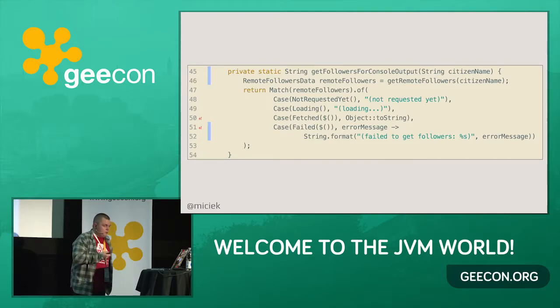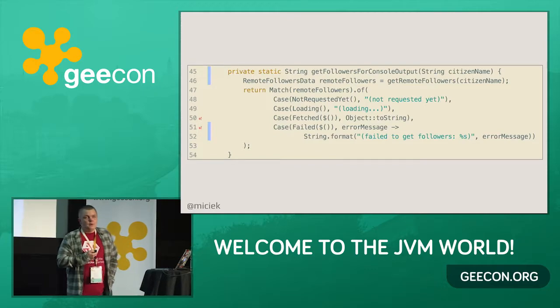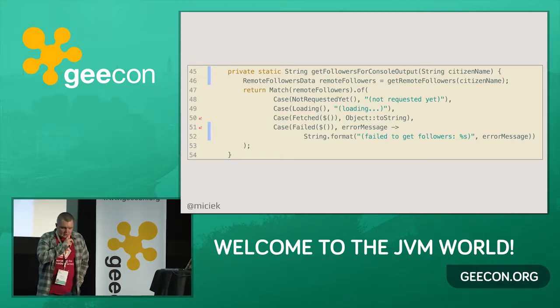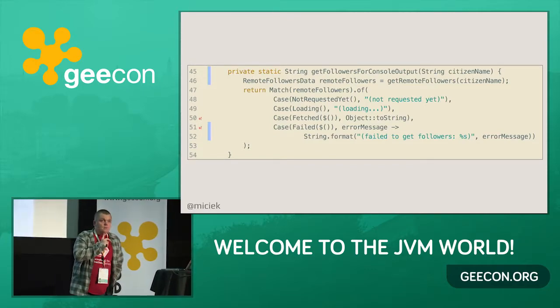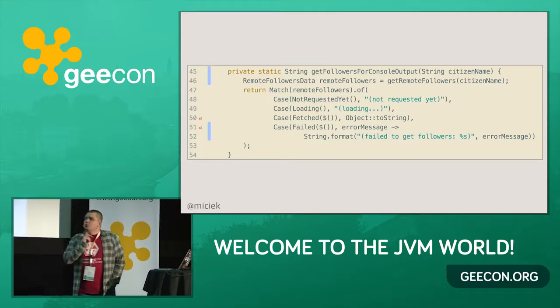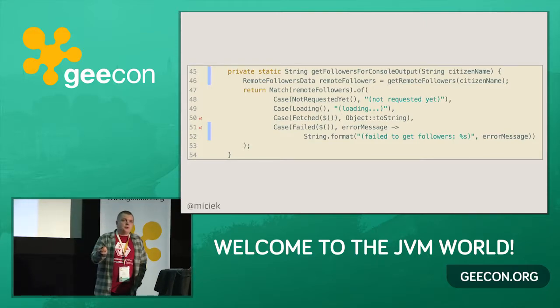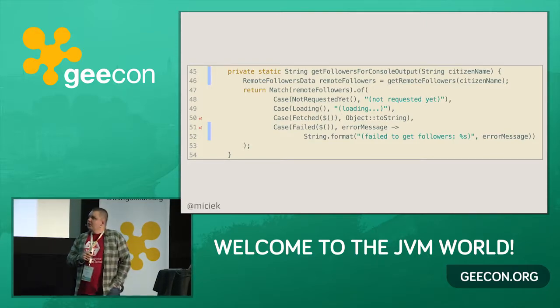Okay, so now we know how to deal with ADTs and how pattern matching works here. So we can deal, inside our console application, with our own custom ADT. And our custom ADT is a sum type of 4 types, right? So we need 4 cases. And of course, we just want to transform them into a string because we want to print something to our console output. So this is how it works.